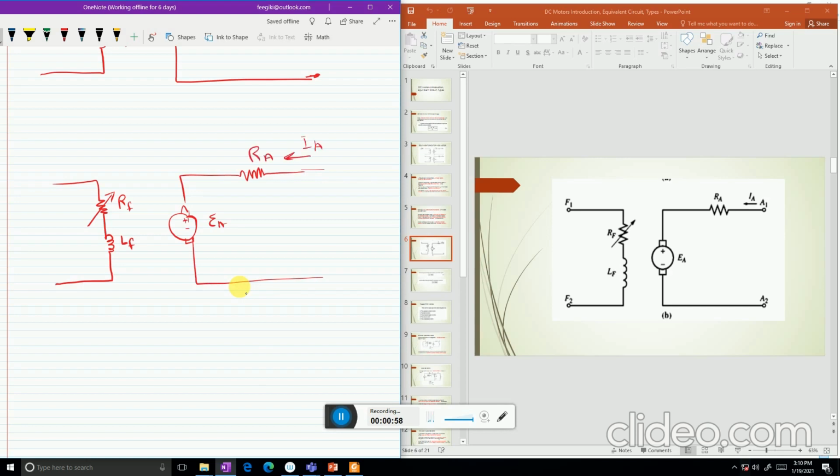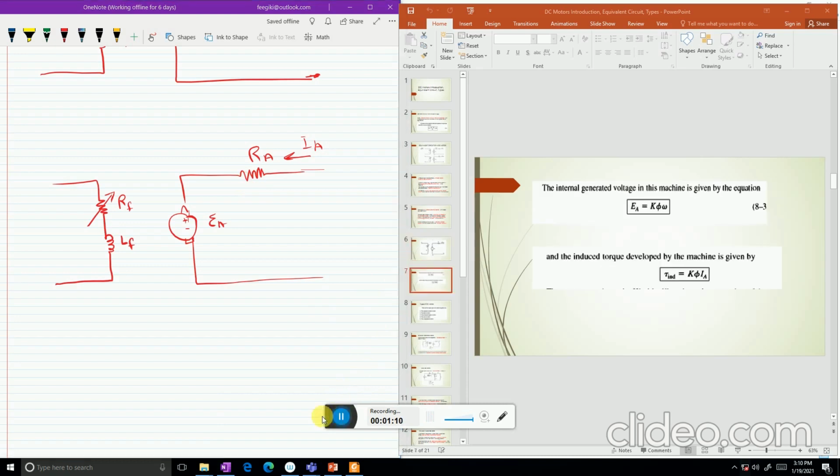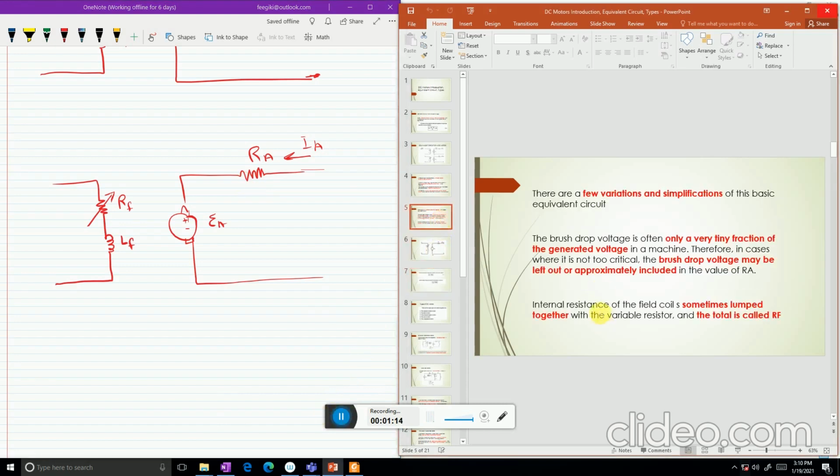V brush is sometimes ignored, or approximately added as some resistance in RA so that this voltage drop is accounted for. The internal resistance of the field coil is sometimes lumped together with the variable resistance, and the total is called RF.